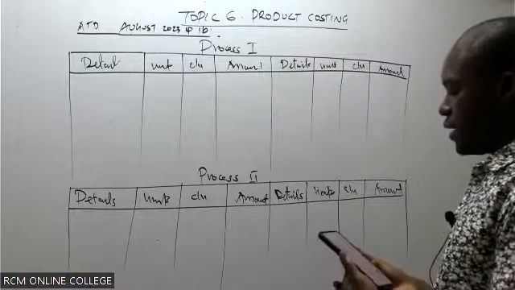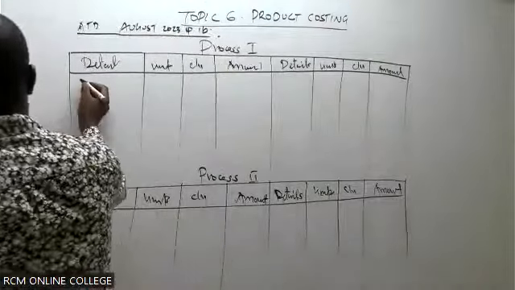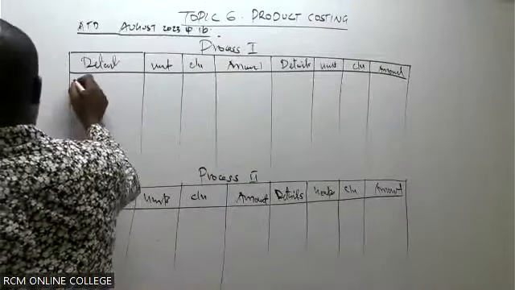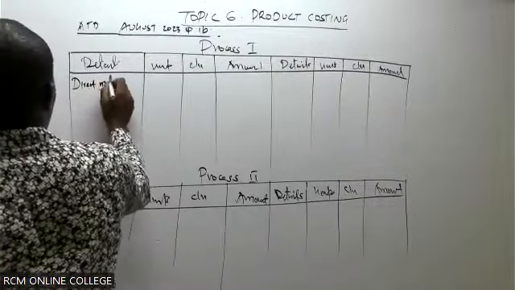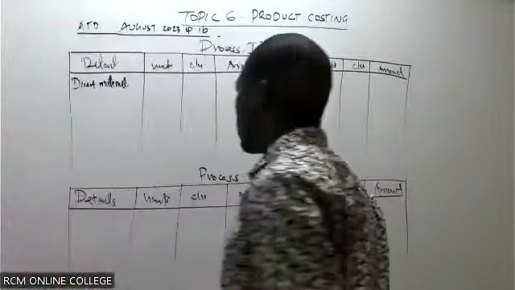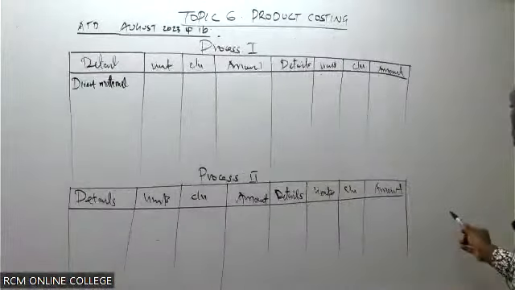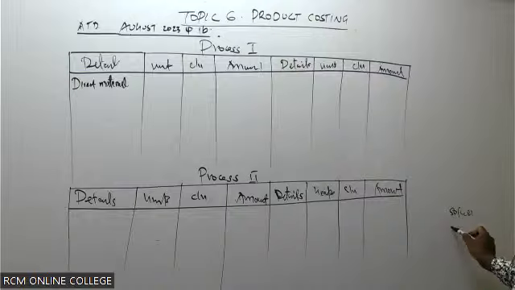Now, having done that, remember we have been given that in process one, this is the procedure. We are bringing in raw material. So the raw material here, we have direct material, and the direct material here, remember what I said, when we are bringing in timber, we said we need 50 feet. But when we brought in nails, we were only given the amount. So this one here is not the main raw material.